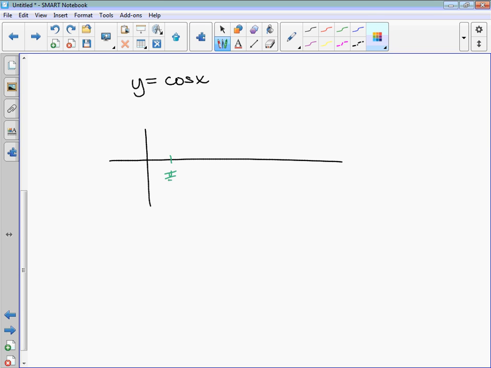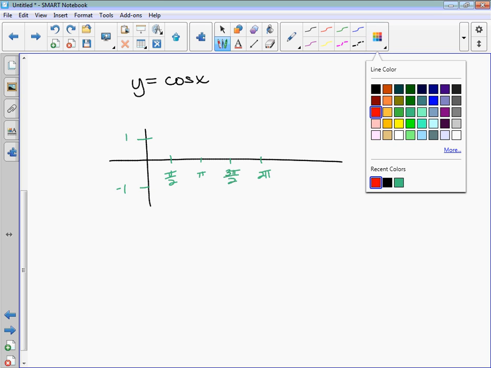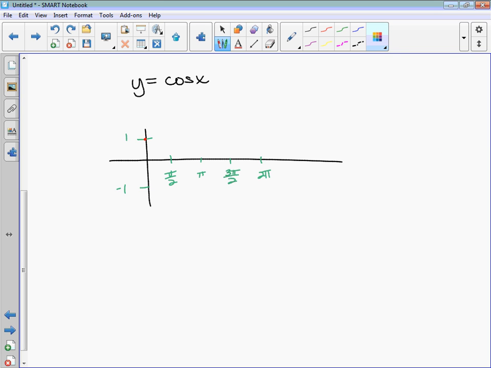I'm going to label pi over 2, pi, 3 pi over 2, and 2 pi. All right, and cosine goes between -1 and 1. Cosine starts at 0, 1. Then at pi over 2, cosine is 0. Pi, cosine is -1. 3 pi over 2, it is 0. At 2 pi, you are starting over again.